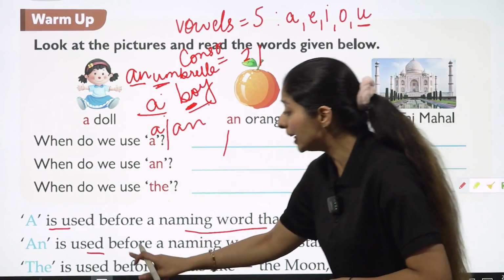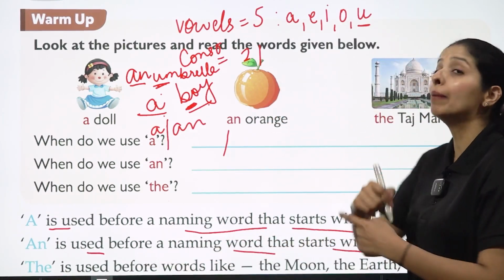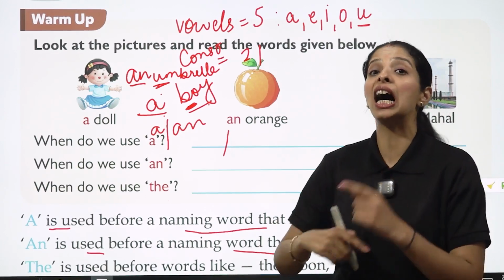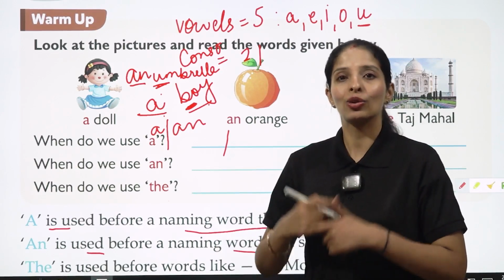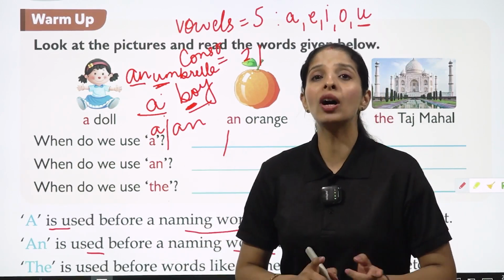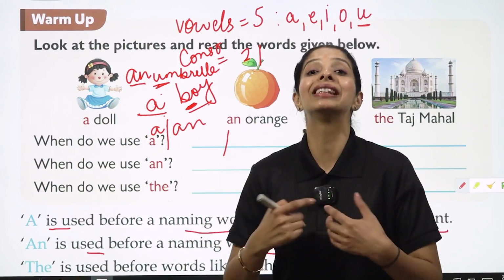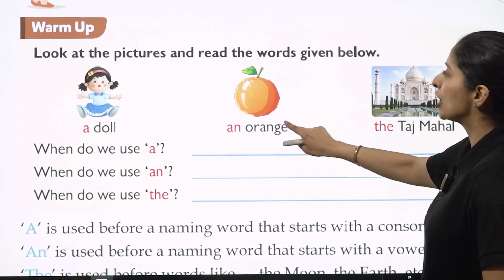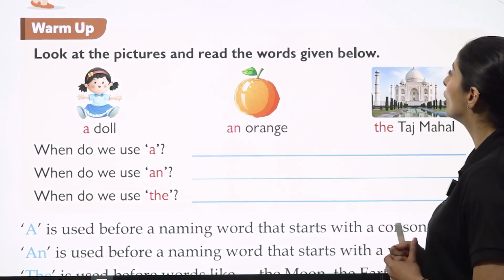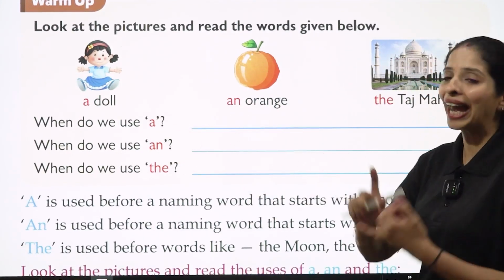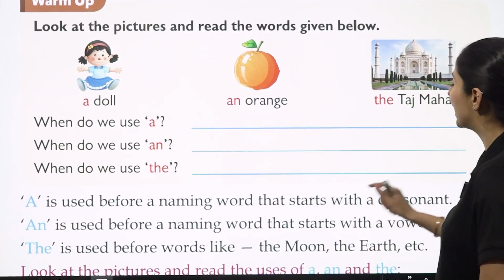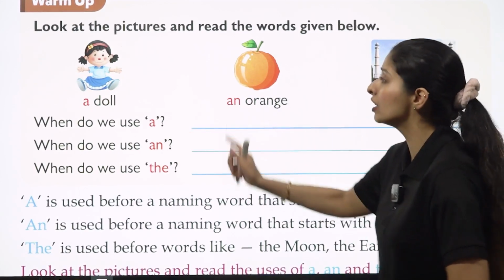Now, THE is used before words like the moon, something specific, the earth, the stars, the sky. So, before these naming words, we use THE. Now, let's begin the session. Look at the pictures and write the words given below. When do we use A? A is used before a naming word that starts with a consonant.